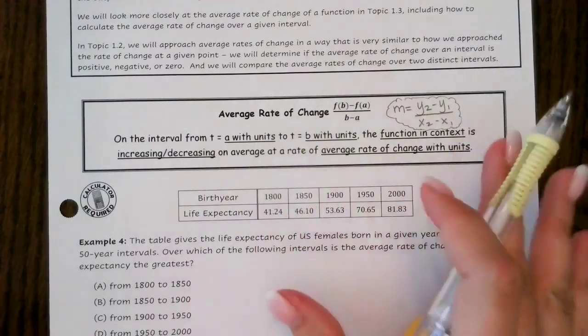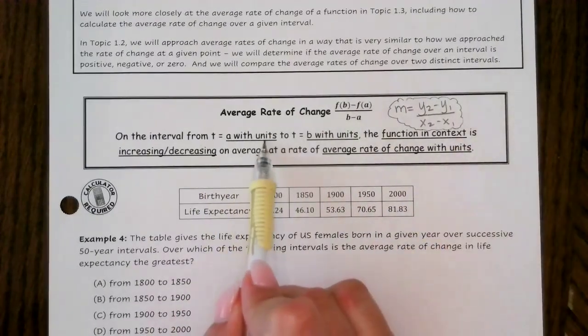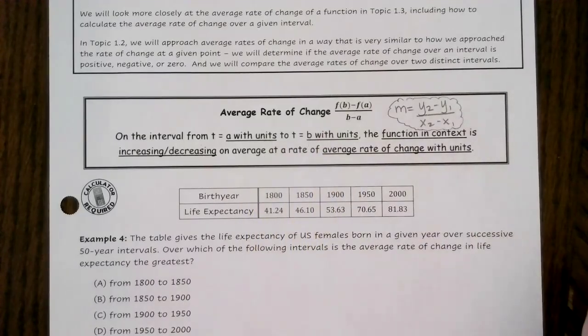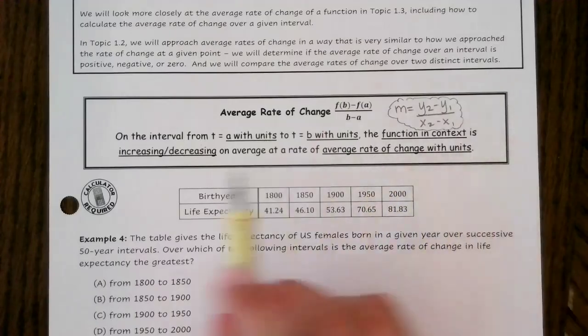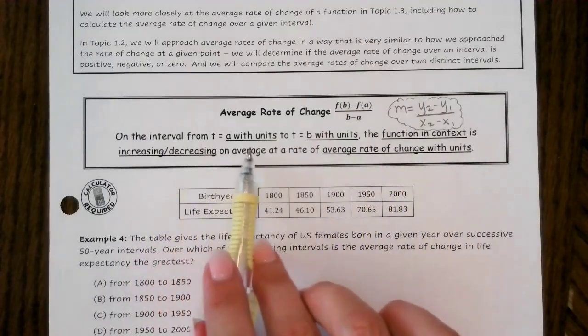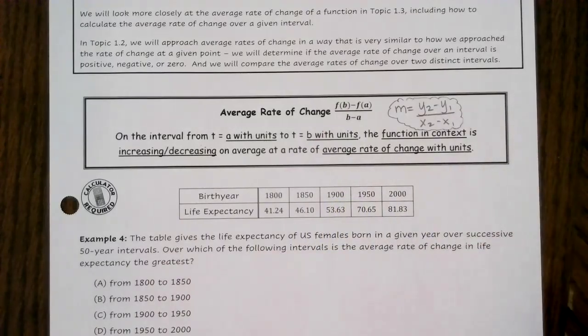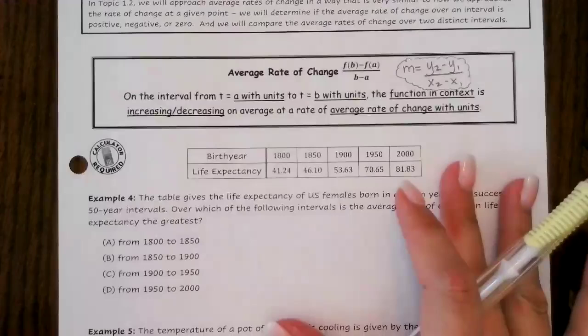On the interval from t equals a with units, so we want to make sure we put our units, and then time b with units as well, the function in context is increasing or decreasing on average at an average rate of change with the units. It looks like a lot more complicated than it really is. So let's look at a problem.